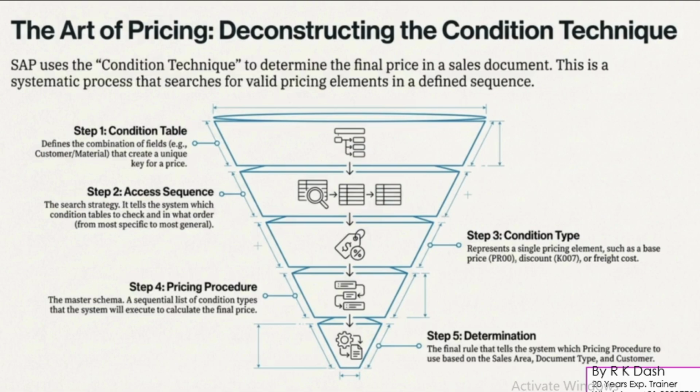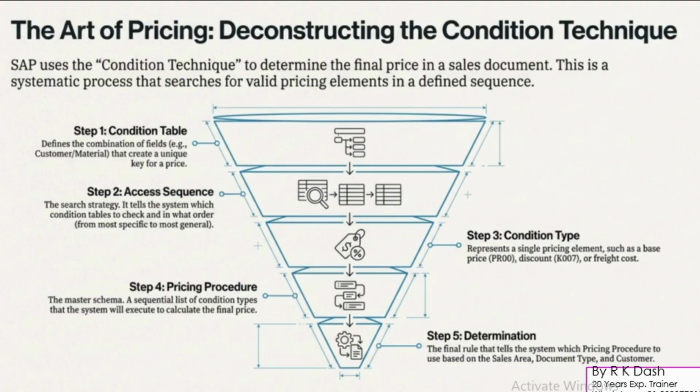In condition tables, we define the combination of fields, for example customer and material, that create a unique key for a price. The access sequence is the search strategy. It tells the system which condition tables to check and in what order, from most specific to most general. Then the condition type represents a single pricing element such as base price, discount or freight.